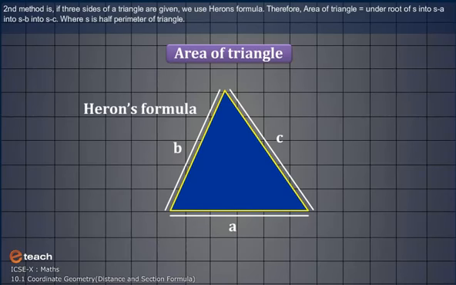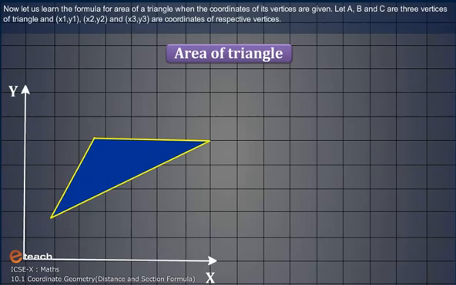Now let us learn the formula of area of a triangle when the coordinates of its vertices are given. Let A, B and C be three vertices of a triangle and x1, y1, x2, y2 and x3, y3 are the coordinates of the respective vertices.